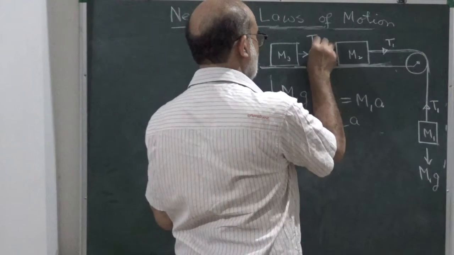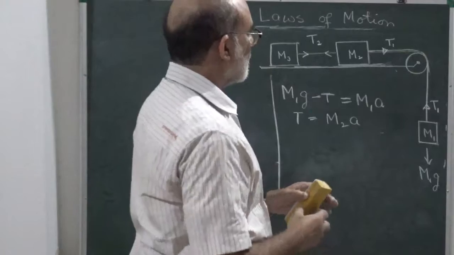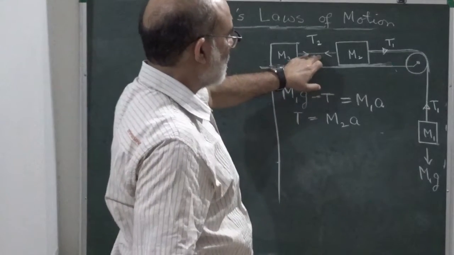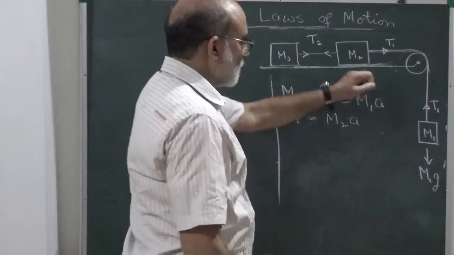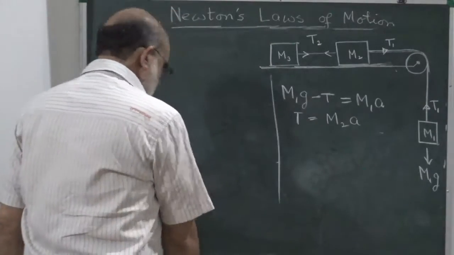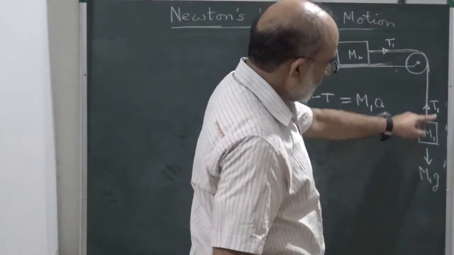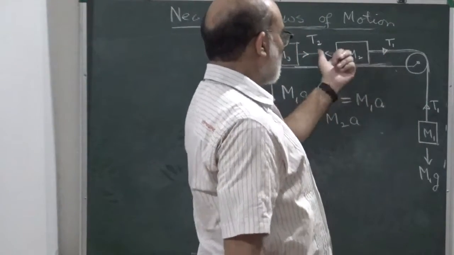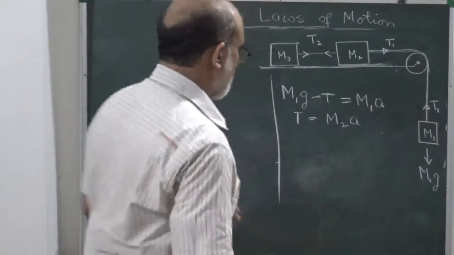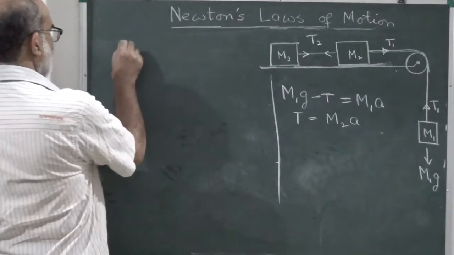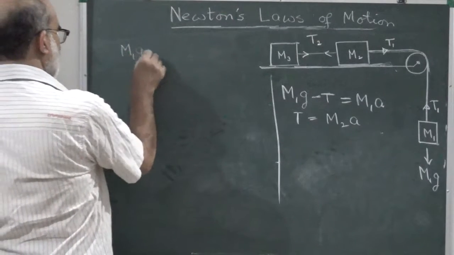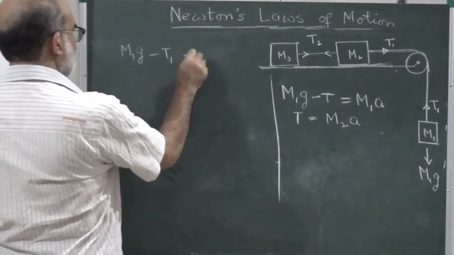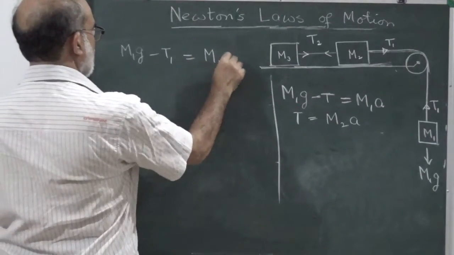So suppose this is T2. And again here also we are considering a massless string. So the equation of motion in this case now becomes: M1G minus T1 is equal to M1A.